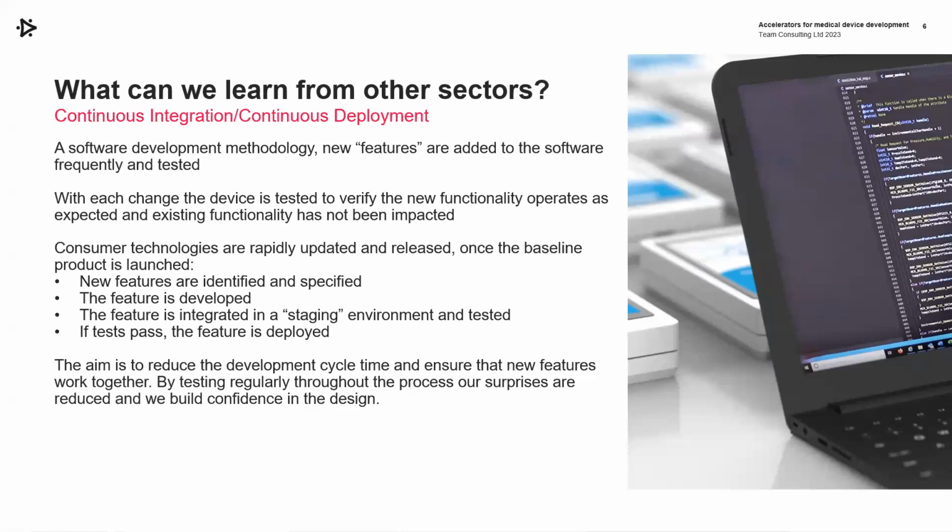Once the baseline product has been launched, think about your Microsoft Office updates. They happen regularly and they happen often seamlessly. Not always. Sometimes we see errors. But new features are identified, they get developed, they get integrated into a staging environment, as we might call it, somewhere that it's safe to deploy.